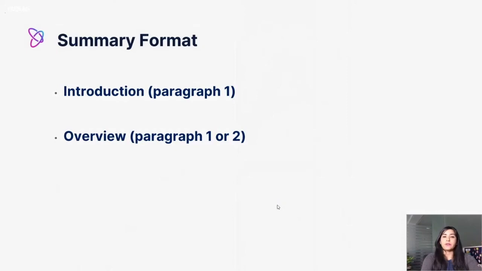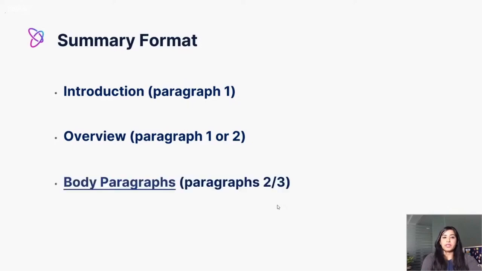I've written paragraph 1 or paragraph 2 because you can either have a separate paragraph for your overview, or you can combine it with the first paragraph with your introductory line. It's not a problem where you put it, either is fine. Accordingly, your next 1 or 2 paragraphs will be the body paragraphs, where you'll be explaining the process in more detail and giving more information about the process.